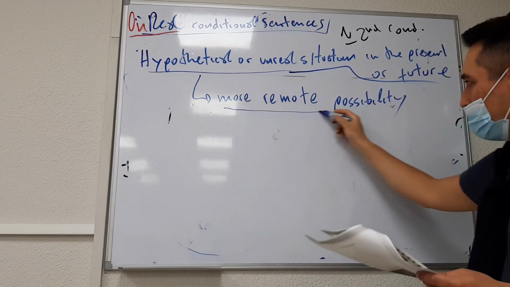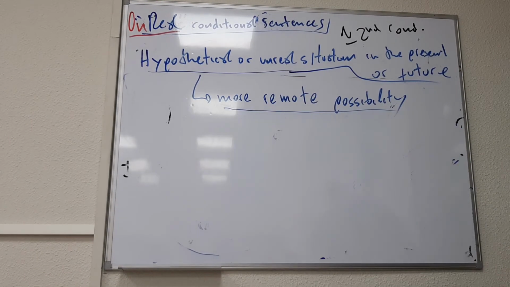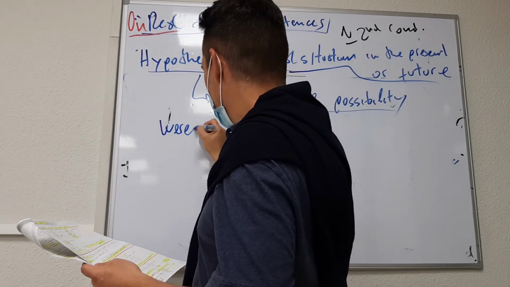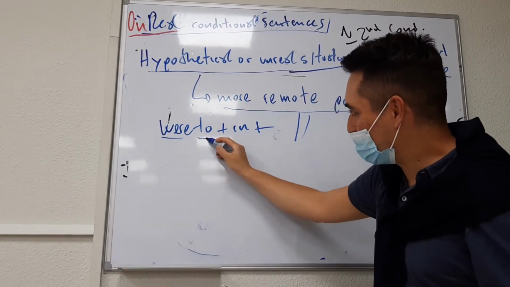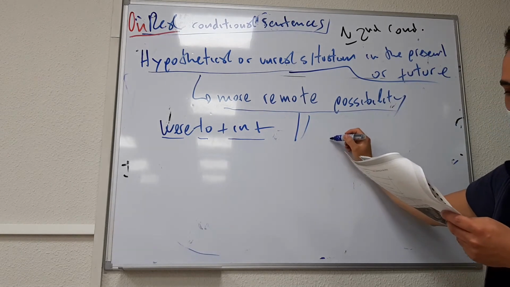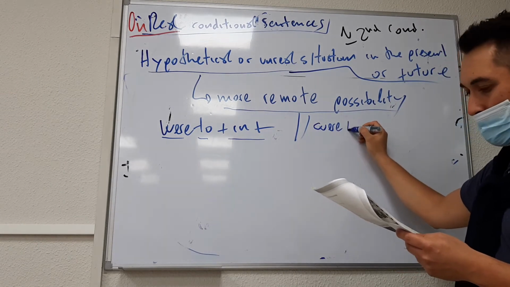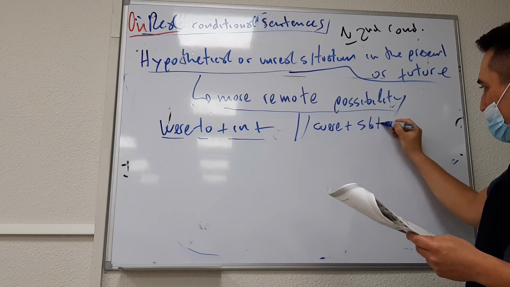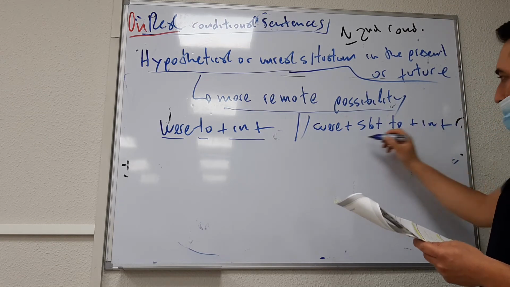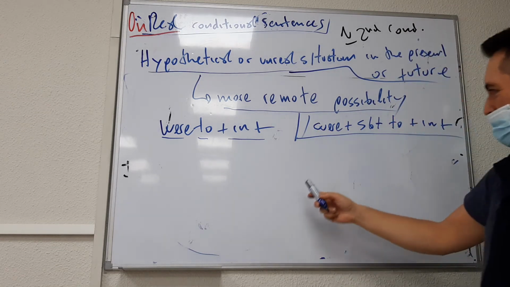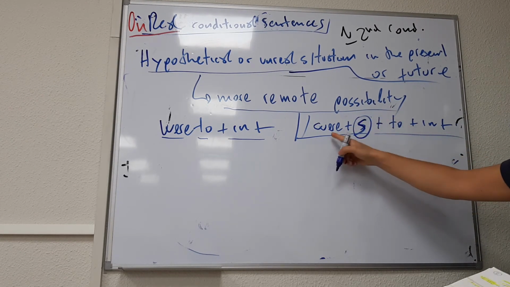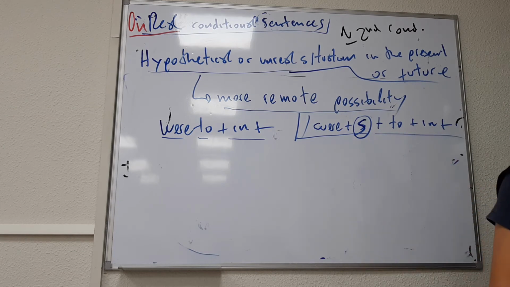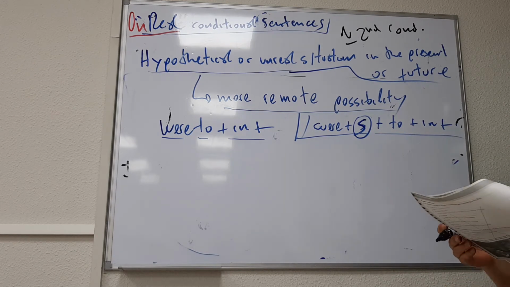When you want to express a more remote possibility, you can use the expression were to plus infinitive, or also were plus subject plus to plus infinitive. Now it looks very weird. Were plus subject plus to plus infinitive. I don't understand. Okay, you're going to understand right now.